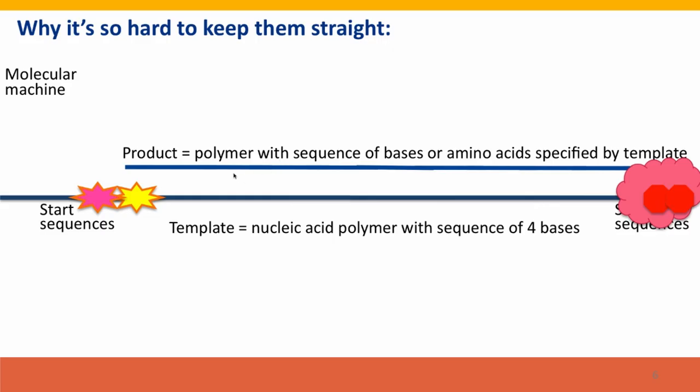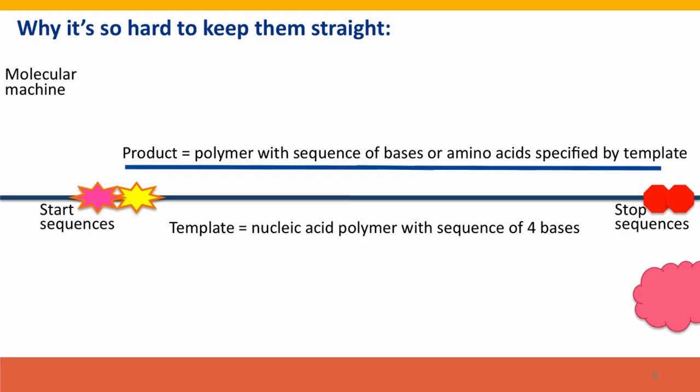So the product, if this is DNA replication, the product is DNA. If it's transcription, the product is RNA. If it's translation, the product is a protein. But in each case, it's a polymer, and its sequence was determined by the sequence of the template. The molecular machine that carries out this process then, when it reaches the stop signals, disassociates and releases the completed product.